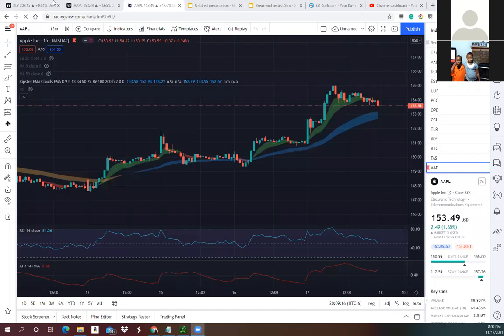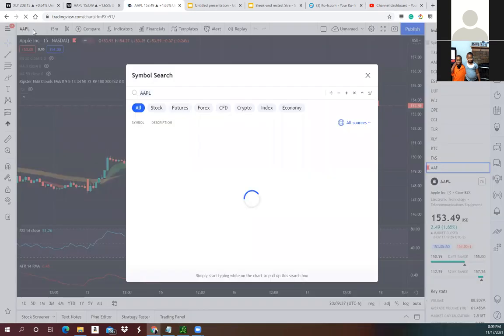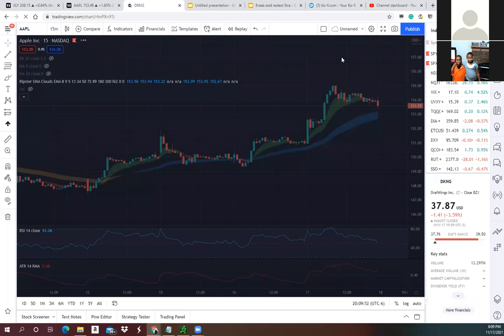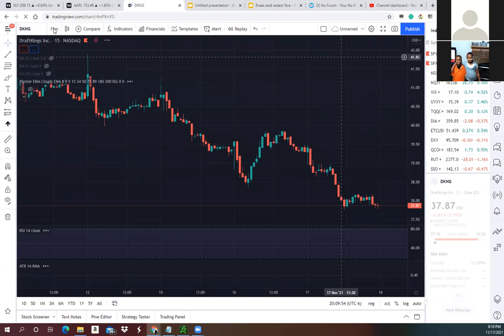All right. So you guys see the chart? You guys see my screen? I'm going to go to DraftKings. Yeah, this is Apple. Go to DraftKings real quick. DKNG. I'm going to go to the daily.